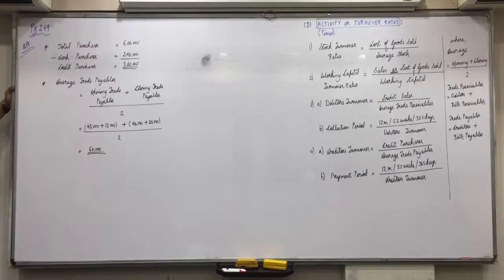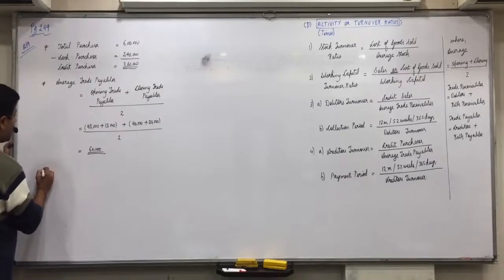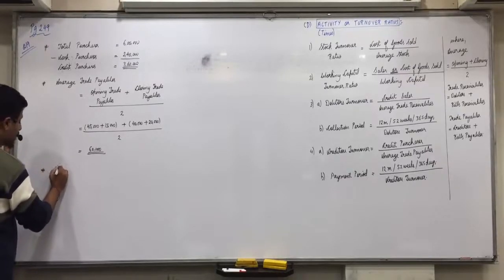Is everyone clear with it? Remind me, after this question, I want to discuss one point of bad debt reserve. Just remind me, okay? Here it is of no relevance. Now after this we can find creditors turnover.